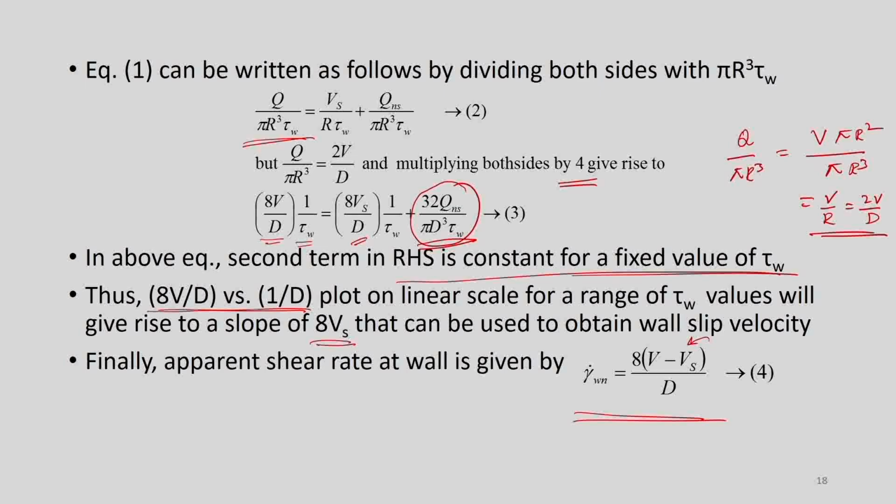So, the apparent shear rate after incorporating the slip effect is nothing but 8 into (V minus Vs) by d, right. So, in order to get the true rheological behavior in the case of capillaries of different diameters, you first need to find out this Vs. Once you find out the Vs, that Vs has to be incorporated here.